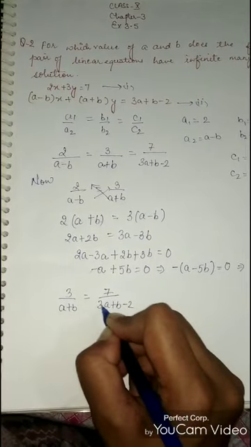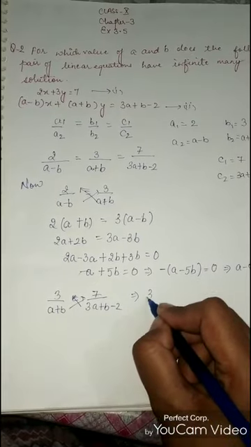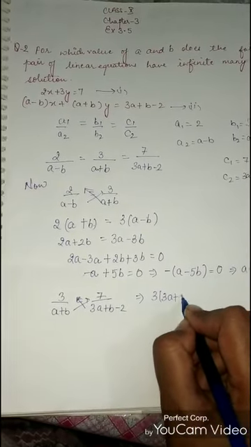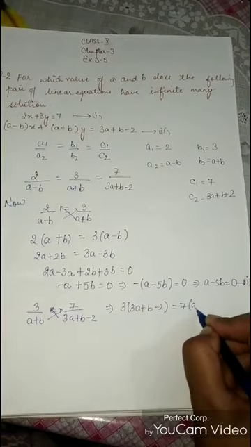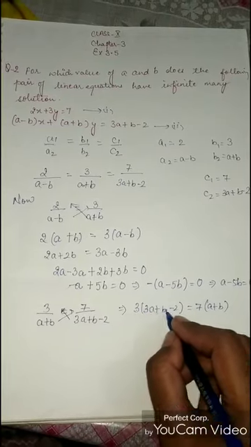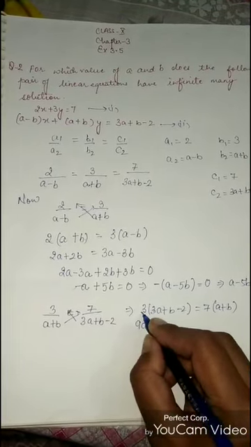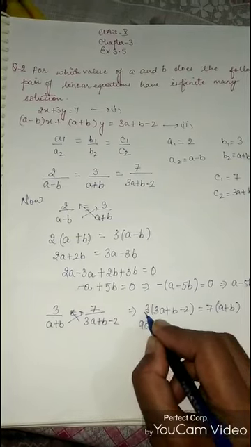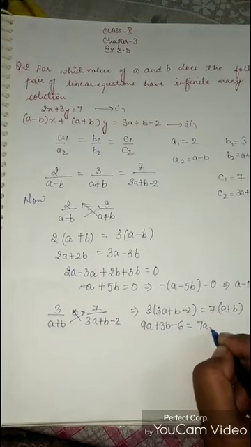Again cross multiply. So 3 will multiply with 3a plus b minus 2 and 7 will multiply with a plus b. Okay, now solve. 3 will multiply with all the three terms. 3 threes are 9a, 3 b's are 3b, 3 twos are minus 6, is equal to 7a plus 7b.